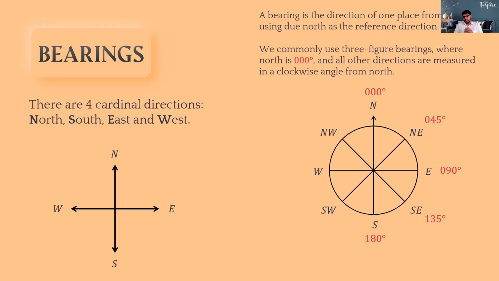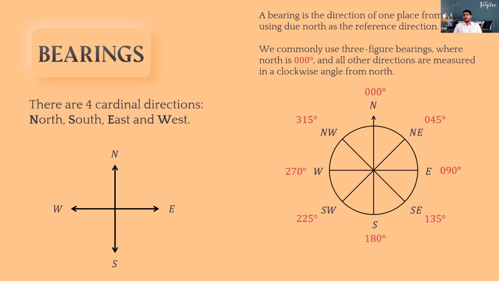So the direction south will have a bearing of 180 degrees. Let's add another 45 degrees to go to southwest, right? So that is 225 degrees, from north clockwise. Another 45, west is 270 degrees, right? Another 45 to northwest is 315 degrees. If you add another 45, children, you get 360, which is one full circle.